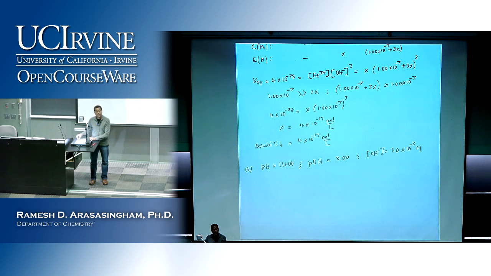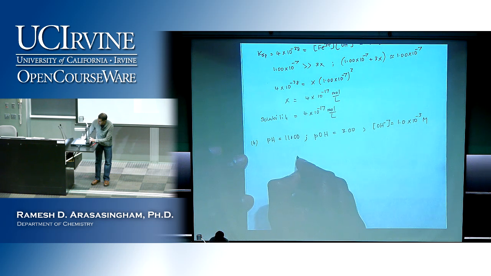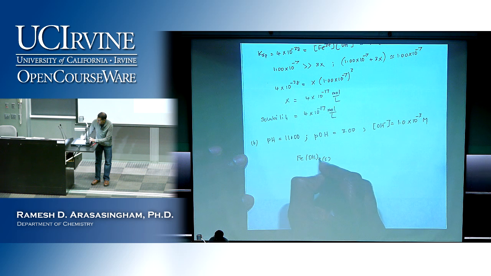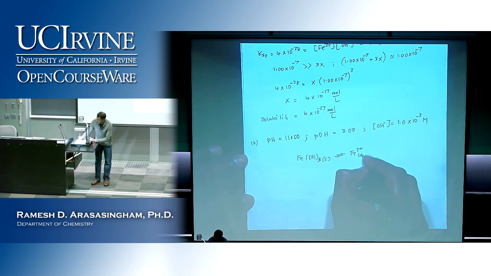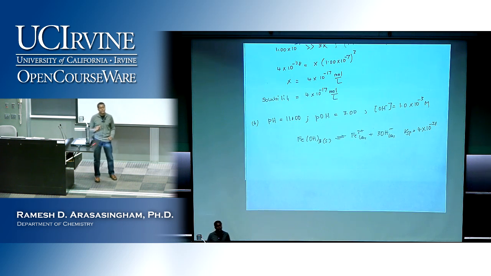So I've quickly calculated the hydroxide ion concentration. Now I'm going to turn to my equilibrium, which is iron hydroxide, and this is my equilibrium expression. I know Ksp is 4 times 10 to the negative 38.